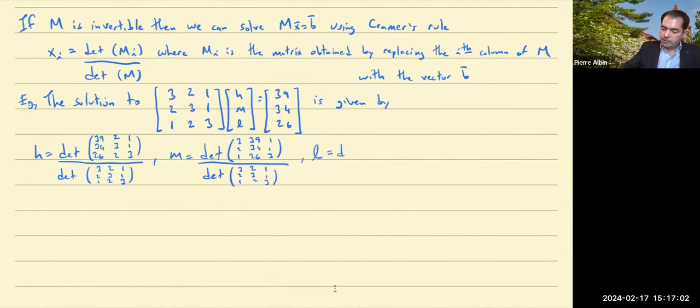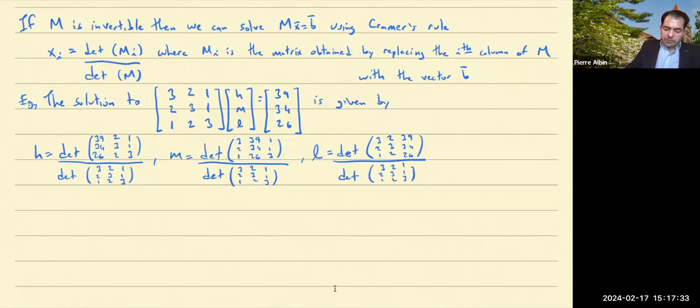And L would be the determinant of, since it's the last variable, you replace the final column with the right-hand side. So 3, 2, 1, 2, 3, 2, and then the right-hand side, 39, 34, 26, divided by the determinant 3, 2, 1, 2, 3, 2, 1, 1, 3.